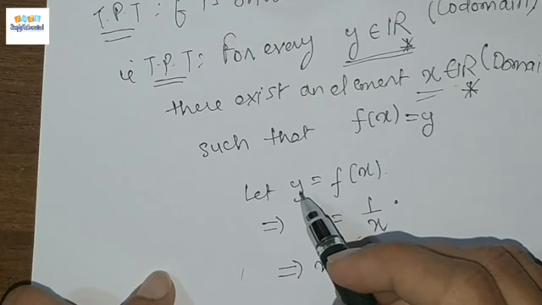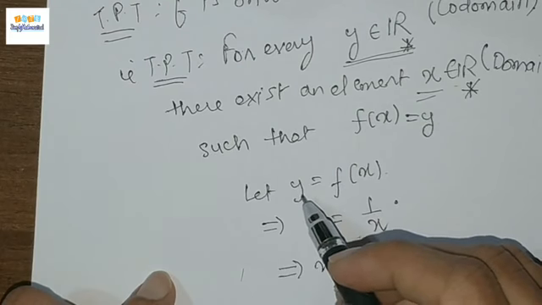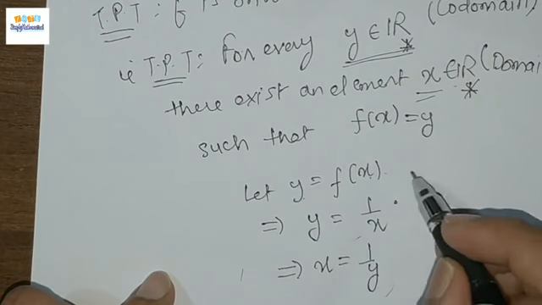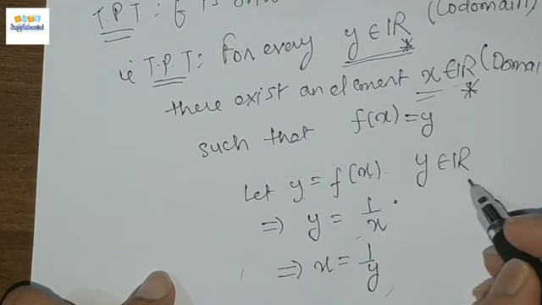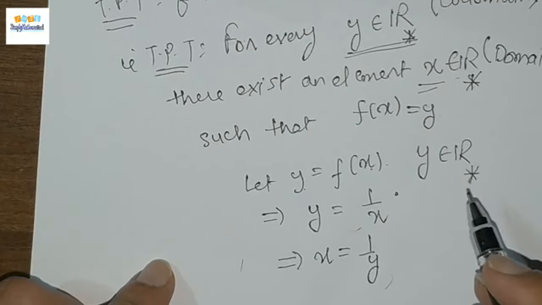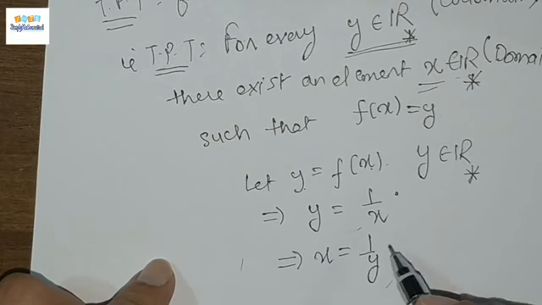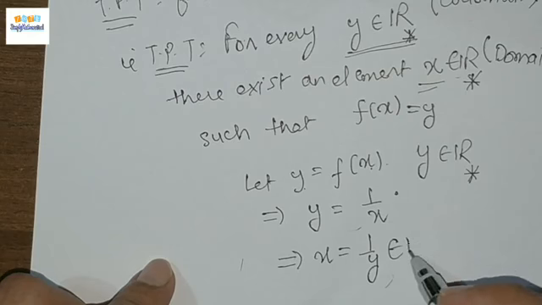This y which we are taking is the image of this element x. So this y is in R star, that means this is non-zero. So 1 by y will also be a non-zero element, so this will belong to R star.